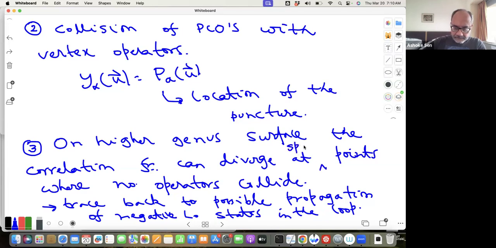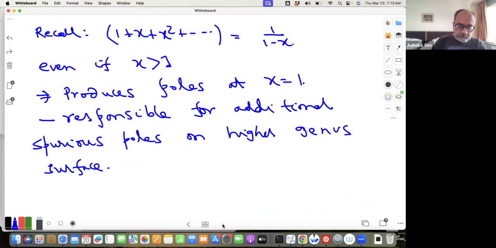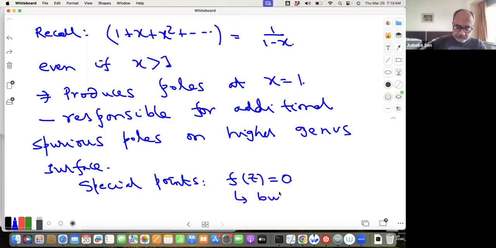Because we thought that the boundary is special, and then PCO and vertex operator collision points are special, and PCO and PCO collision points are special. Except this, what other special points are there in the moduli space? The other special points are where some function of z goes to 0. Okay. Special points take the form of some function of z going to 0. Yeah, this is typically built from theta functions.